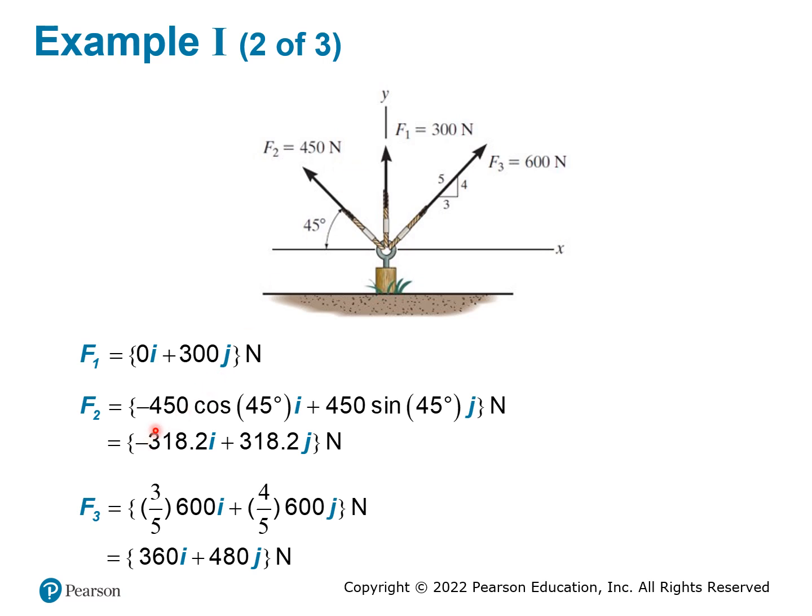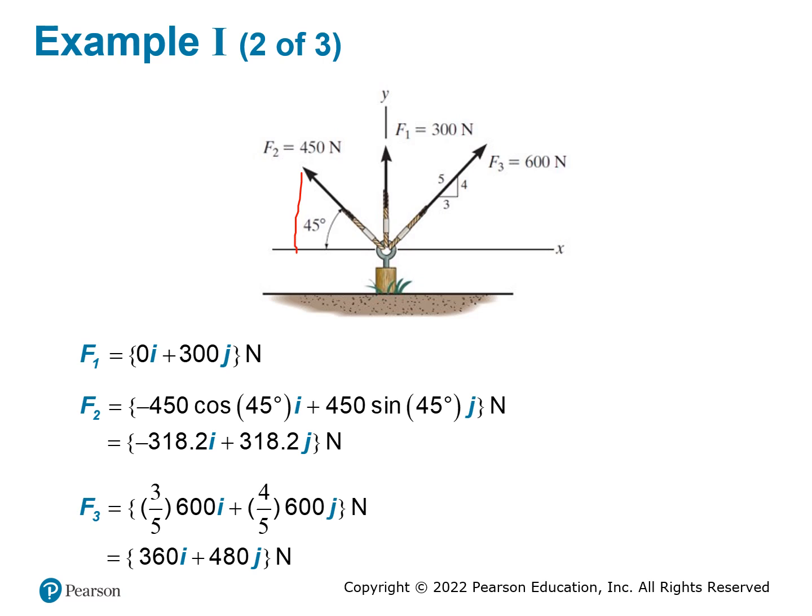So you have negative 450 because it's in the negative x direction. You do 450 cosine 45 degrees for the component in the x direction. So this is negative 450 cosine 45 degrees i. And in the y direction, it should be positive, since it's upwards, 450 times sine 45 degrees.